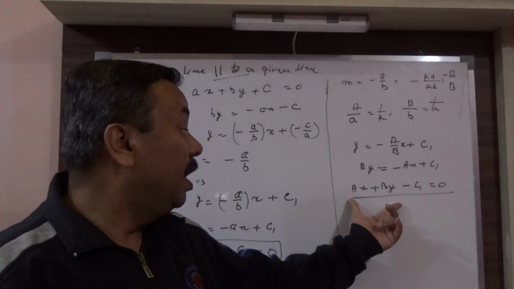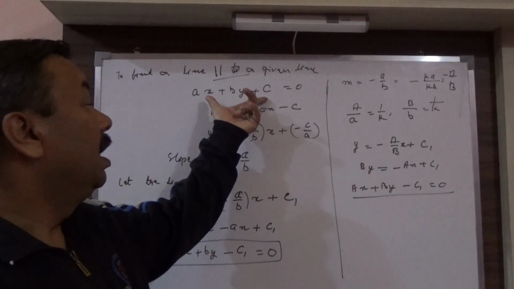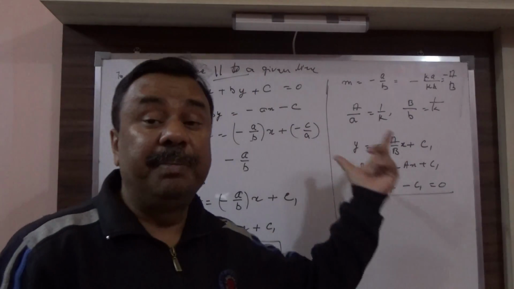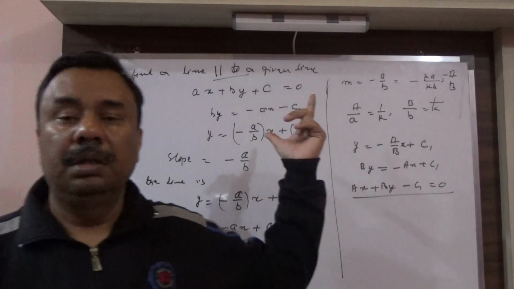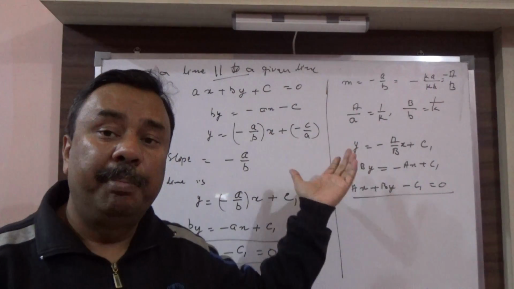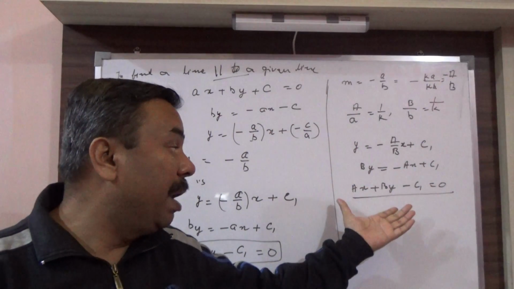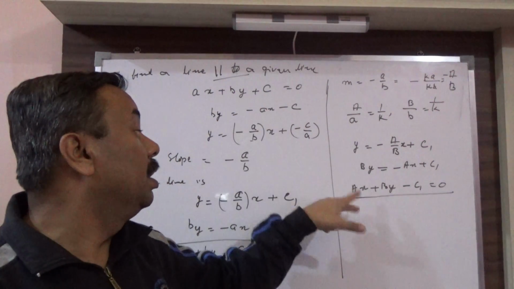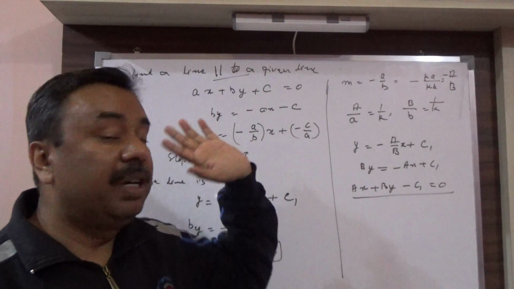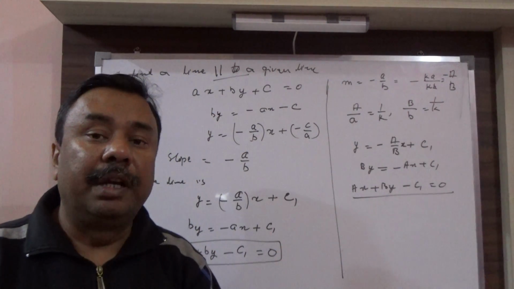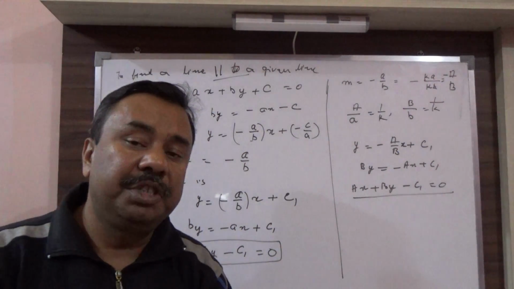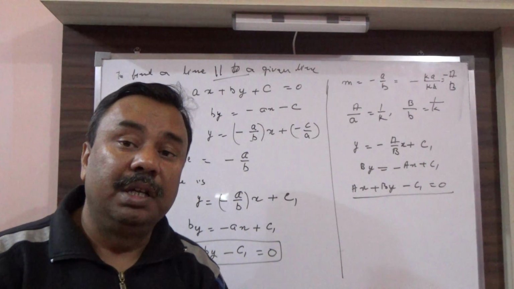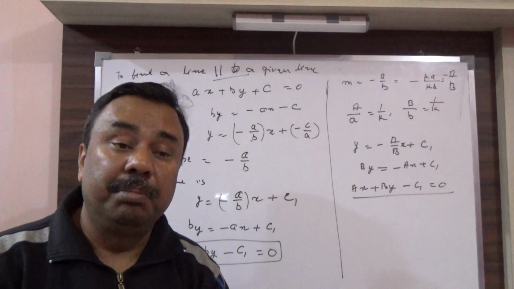Obviously, for this line and this line, the slope is the same. If the slope is the same, that means the lines are parallel. And if lines are parallel, it is not necessary that the capital A is equal to small a. But the thing is that the ratio of the coefficients of the variables, that is x and y, are the same.